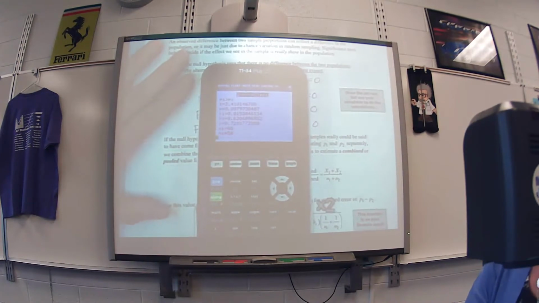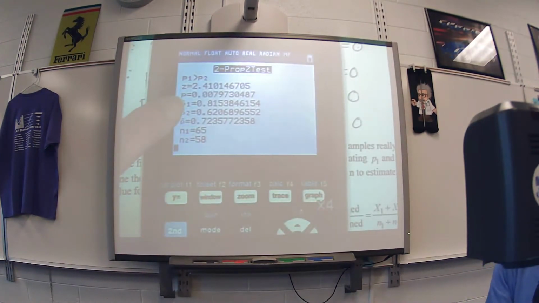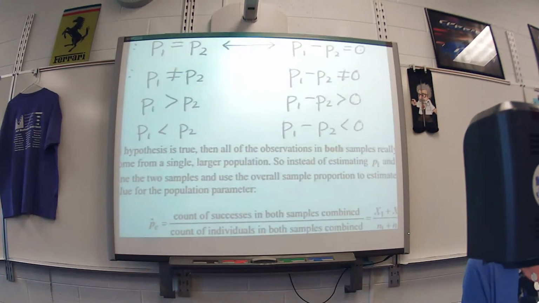Now, the other thing I want to point out, okay, there's your 82%, there's your 62%. You see how there's another p hat in the list? That's that pooled or combined thing that I need to talk about tomorrow, okay? So there's going to be 3 p hats here. There's a p hat 1, p hat 2, and a p hat sub c. And we'll talk more about that tomorrow, but I just want you to see that it's in the list.